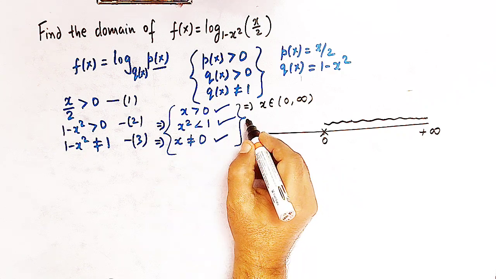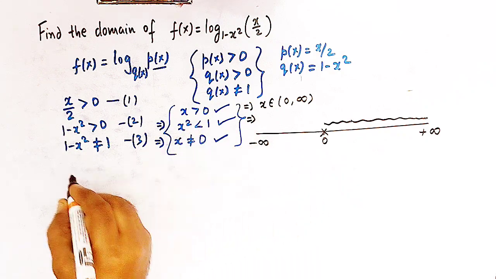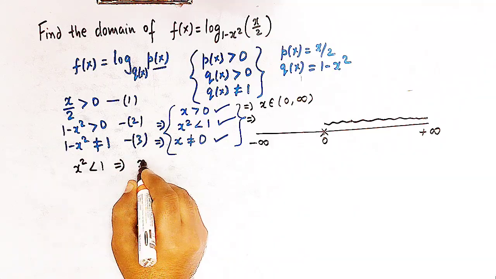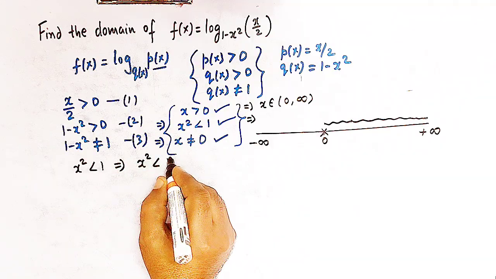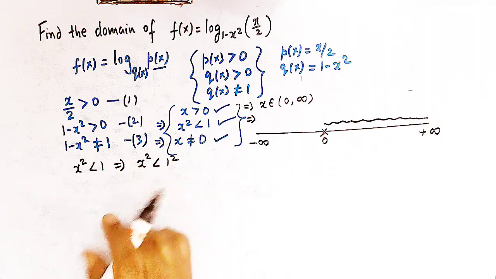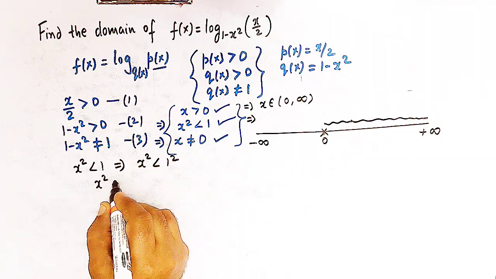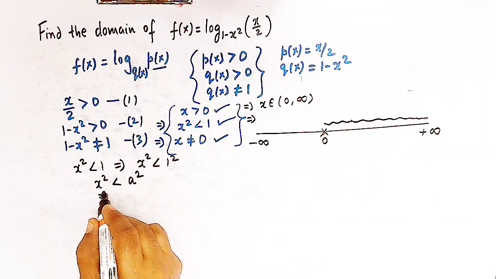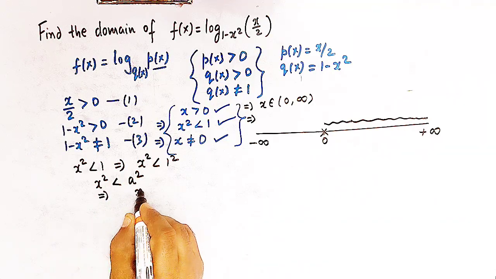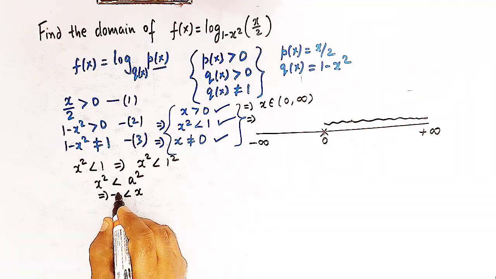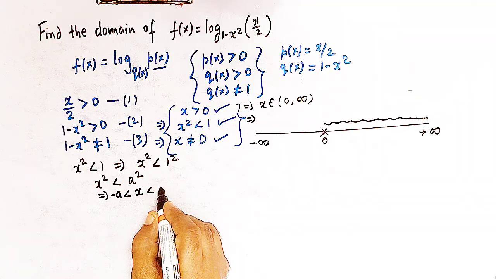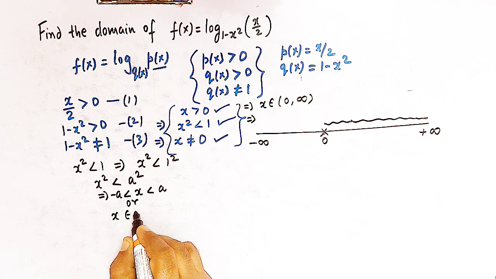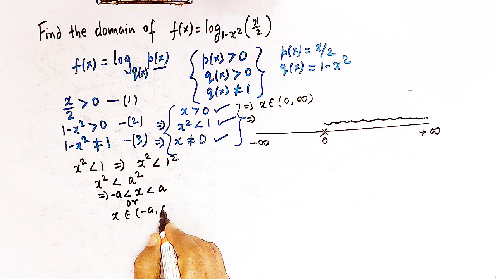Now from this inequality, x square less than 1, we can also write it as x square less than 1 square, right? So this inequality is of the form x square less than a square, and the solution of this type of inequality is given by x greater than minus a and less than a, or x belonging to the interval minus a to a.